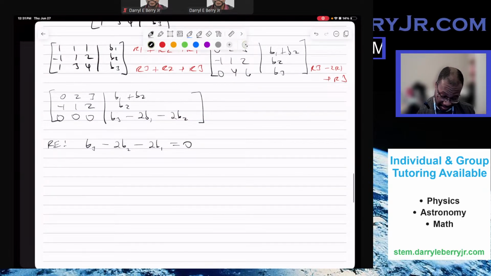Or I can say there's a plane x3 minus 2x2 minus 2x1 equals 0. That's my constraint equation. So let's go to 1.5, number 3b, and check the answer.